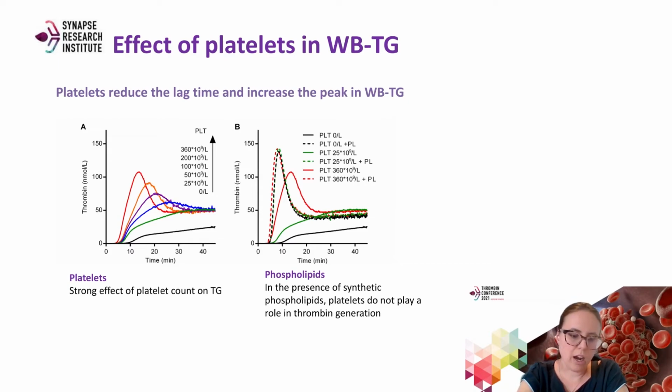So this really highlights the importance of using the individual's platelets when we want to see what is the influence of platelets on thrombin generation, because in the PPP assay, the phospholipids really trigger thrombin generation even more than the regular platelets.